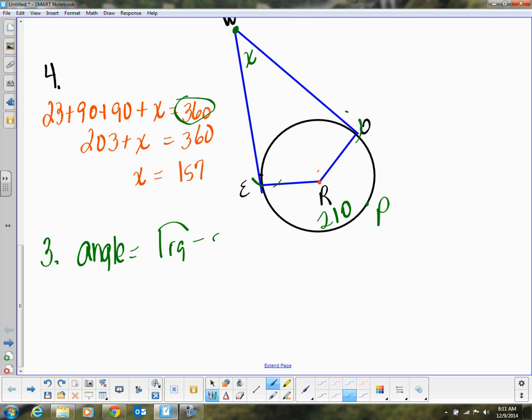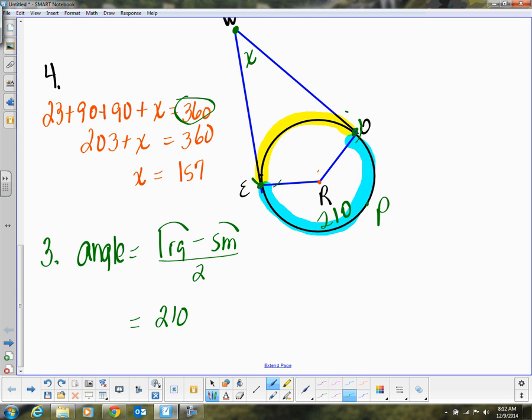Large arc minus small arc divided by 2. What do we know? The large arc. Now, this is tangent. This is tangent. If this is 210 degrees, how in the world will we find this small arc?